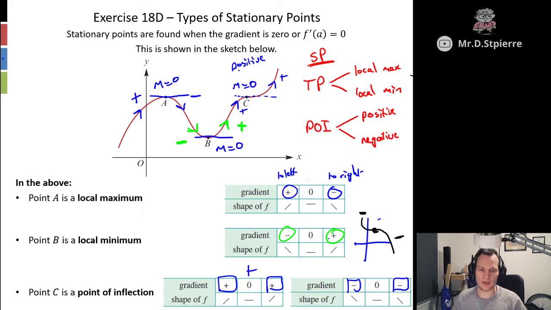So this is how we can identify. For a maximum, the gradient to the left of it is going to be positive. For a minimum, the gradient to the left of it is going to be negative. But for points of inflection, the gradient is the same on both sides. So once we find that out, we can determine the type of stationary point.